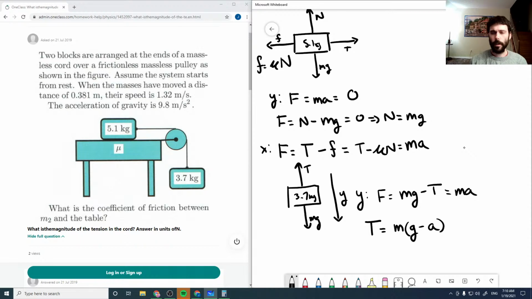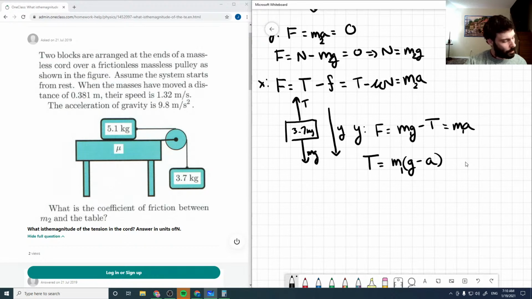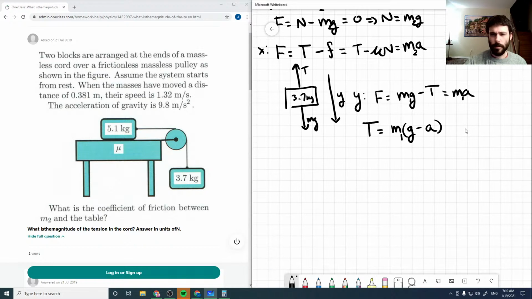I should have been more careful throughout here, but I'm going to put 2's on these masses so I don't make a mistake. And I'm going to put 1's on these masses, as the question seems to give us that M2 is the mass on the table. Okay, so there's our tension there. And it should be with correct directionality.